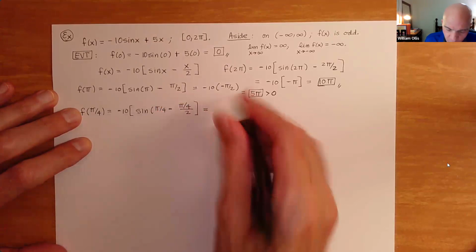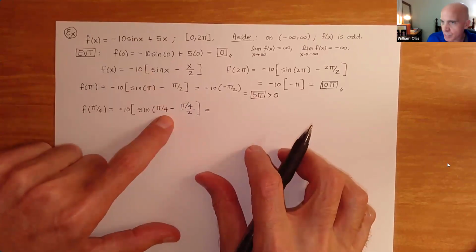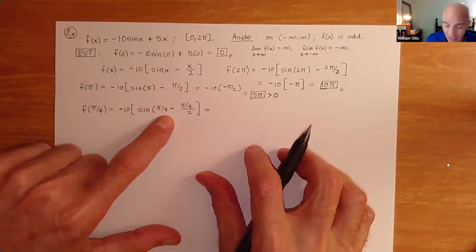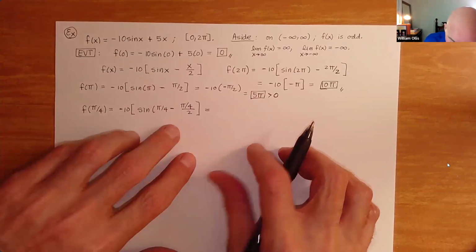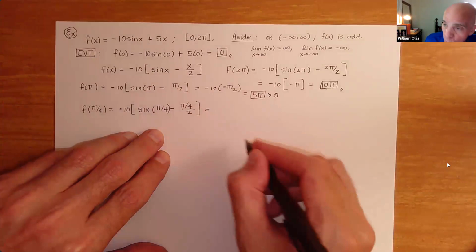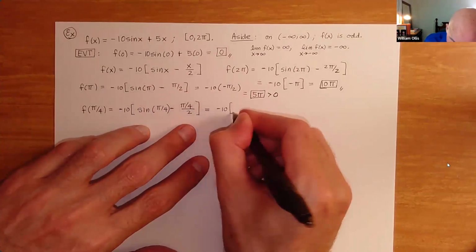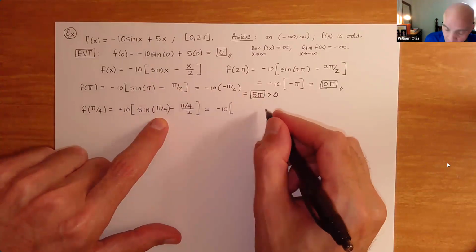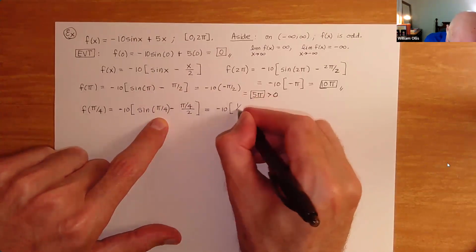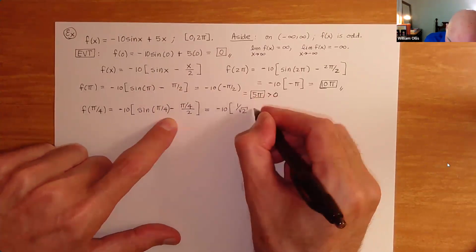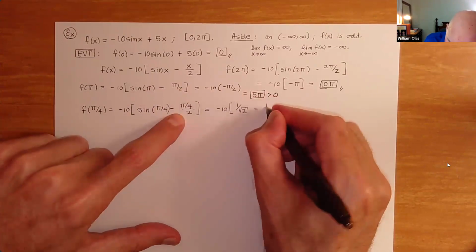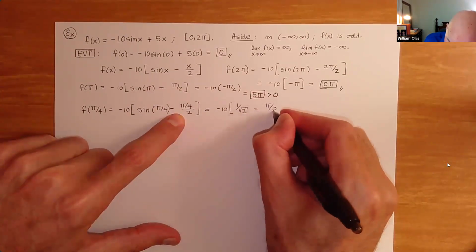Now, sometimes when you factor things, it's easier to see magnitudes, and factorization is so important. I mean, it gives us clues that we just would otherwise miss. So we have -10, and of course, sine of pi over 4 is 1 over root 2. And of course, we can bring the 4 downstairs and get pi over 8.